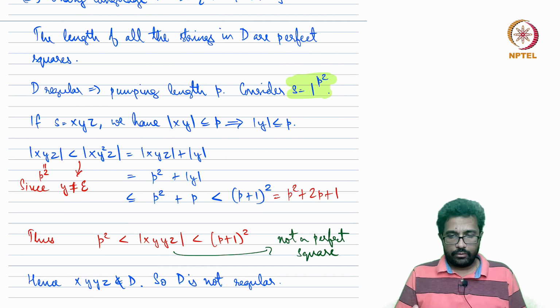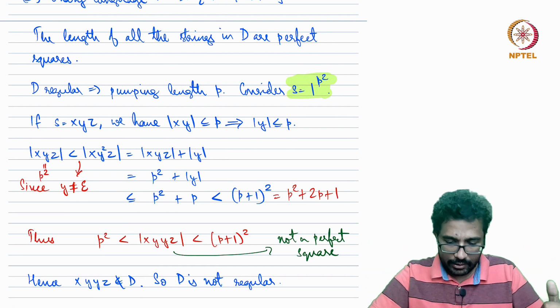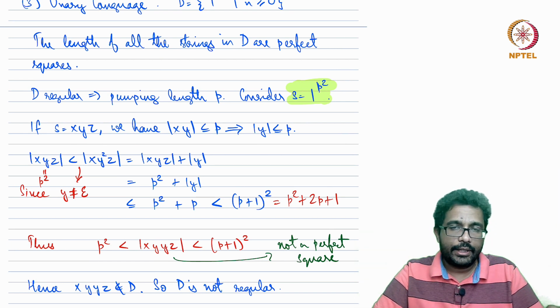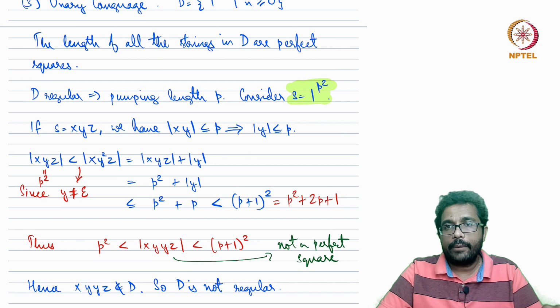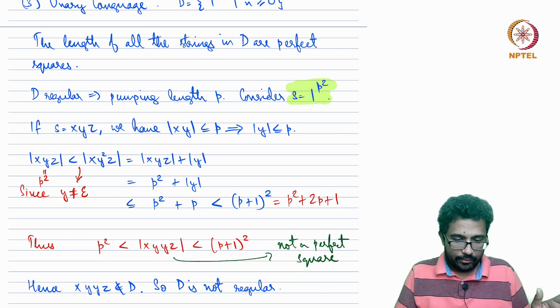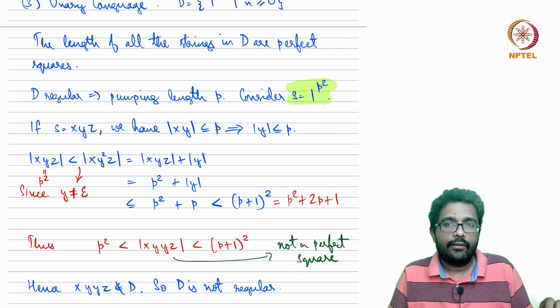Okay, so to quickly recap, we assume that it is regular, so there is a pumping length. Now we consider the string 1 power p square, which means of length p square. By condition 3, y is of length at most p.